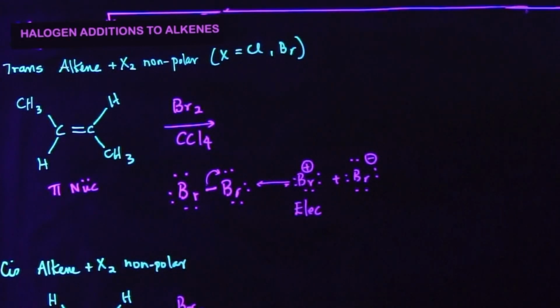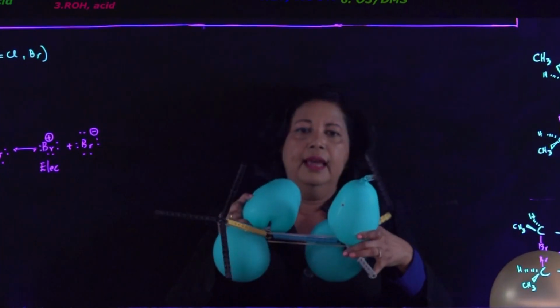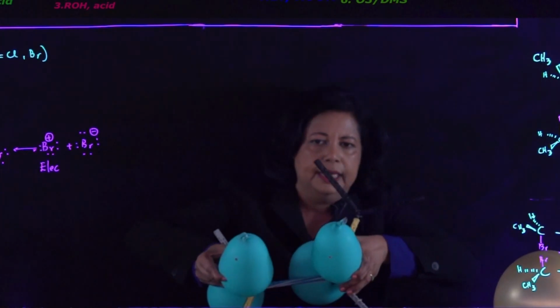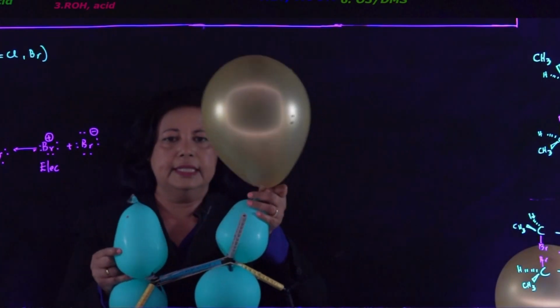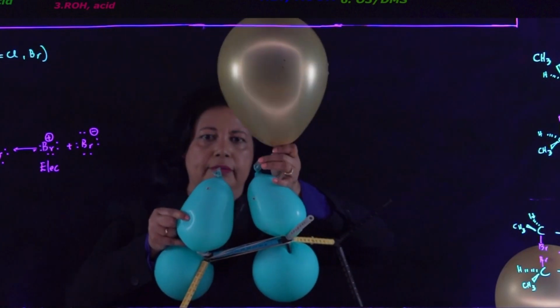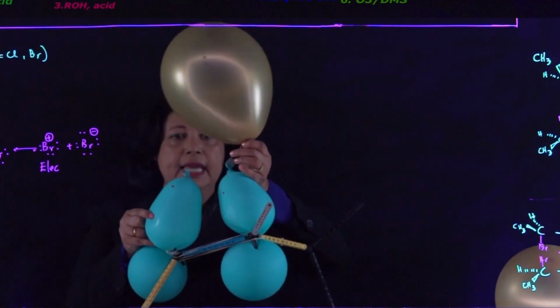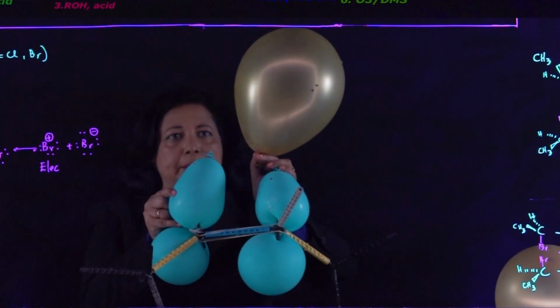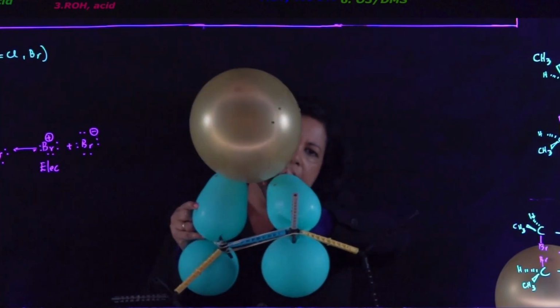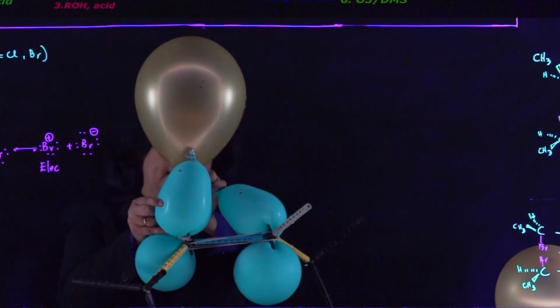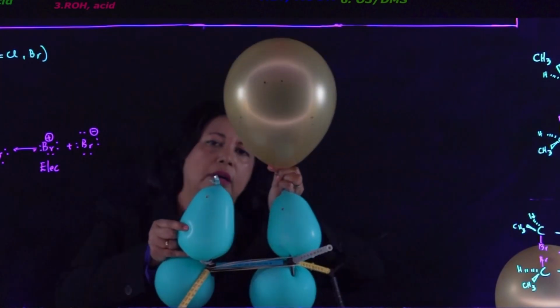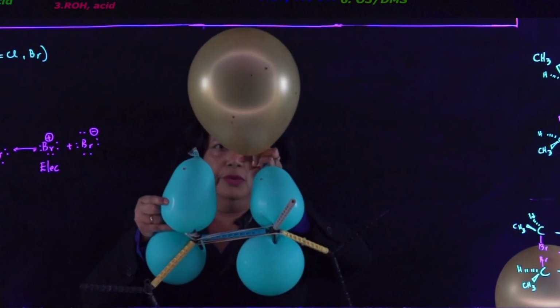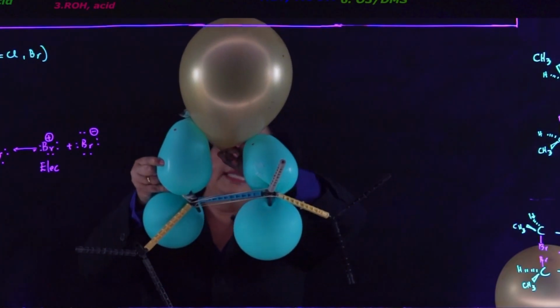So let's say you have your pi bond like this, and your bromonium comes in. It's got only 6 electrons. It wants another pair of electrons. It's trying to grab this, and it's a huge atom. So it's like this huge mama atom, and it cannot squeeze onto this end or this end. It's going to go, I'm going to sit on this entire sofa here, and it sits right in the center.